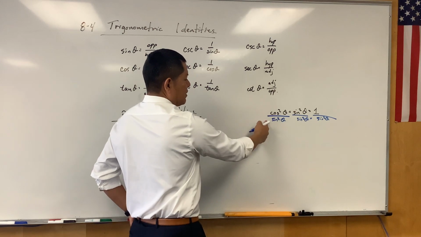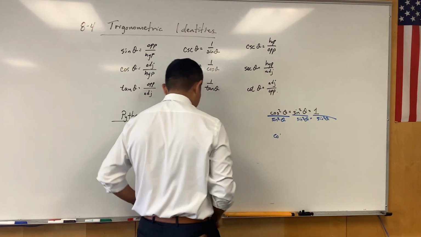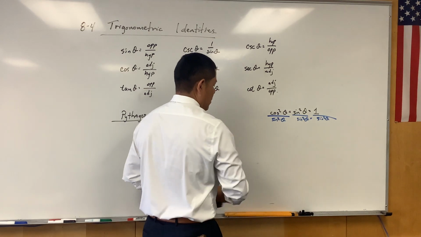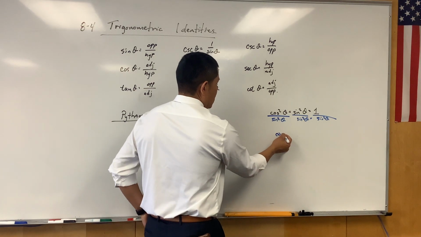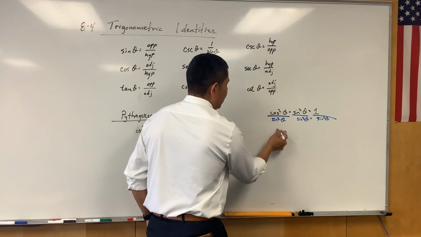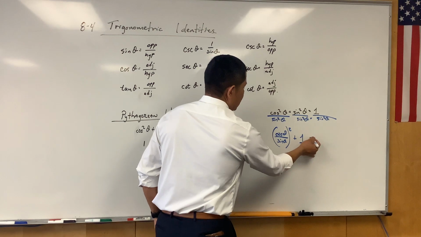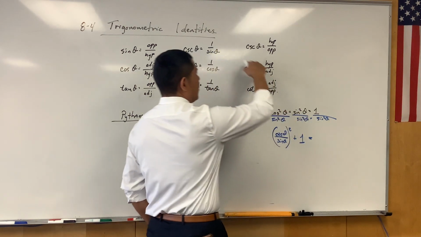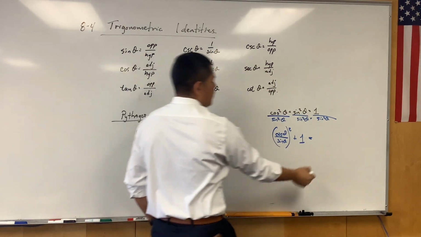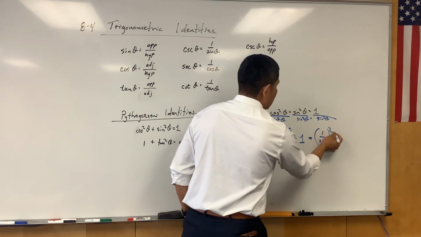This becomes cosine over sine, and that's going to be the cotangent, or cosine theta over sine theta squared plus 1 is equal to 1 over the sine squared of theta.